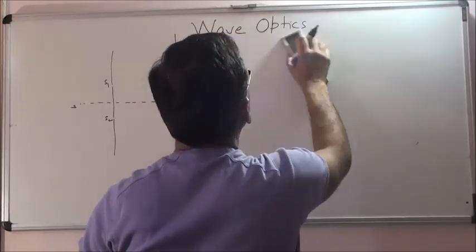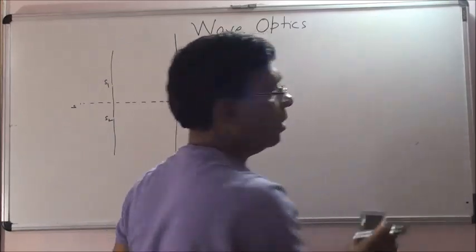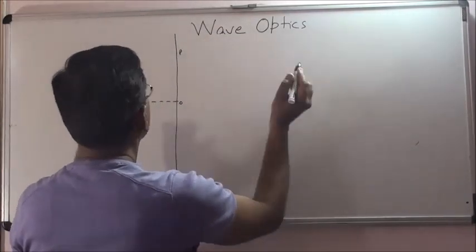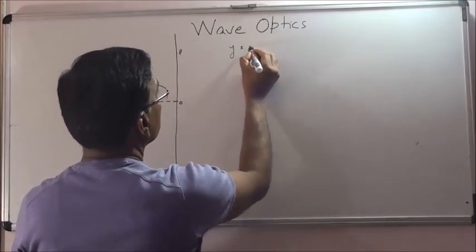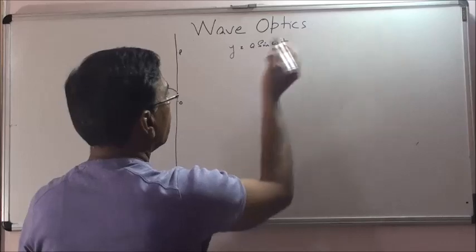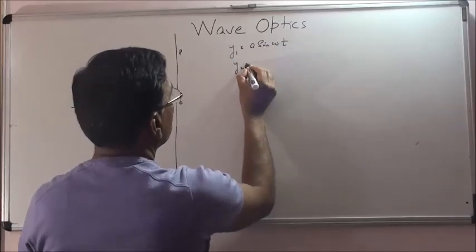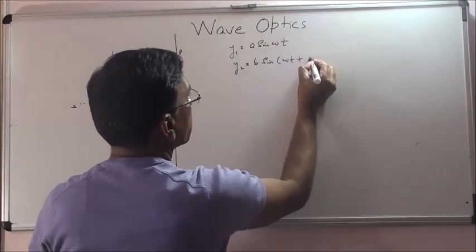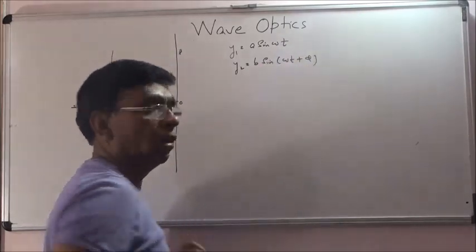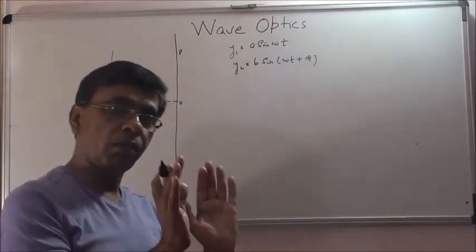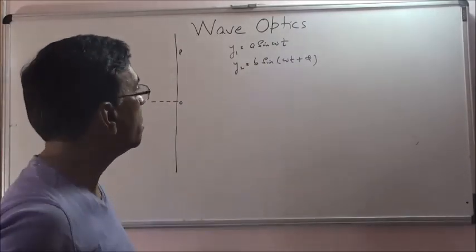Some books have given this expression; NCERT doesn't cover it, but for you, take it as some extra knowledge. y1 is equal to A sin omega t, or I can even take cos, that doesn't matter. y2 is B sin omega t plus phi. Even cos won't make any difference. We know in simple harmonic motion, whether it is sine or cosine, the final result will be the same.